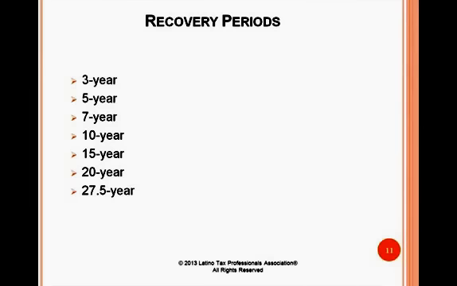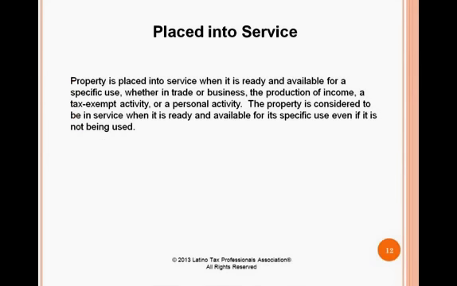Generally speaking, when you're doing taxes for clients who have depreciation, it's usually 5 years, which includes cars and computers and copiers, any other type of equipment like that, or 7-year for business furniture. You also will find 27.5 years for rental houses. These are the more common items of depreciation that you will encounter.